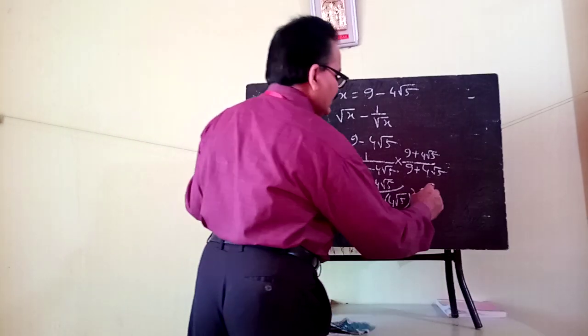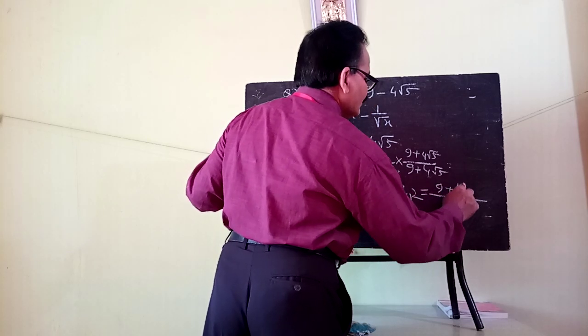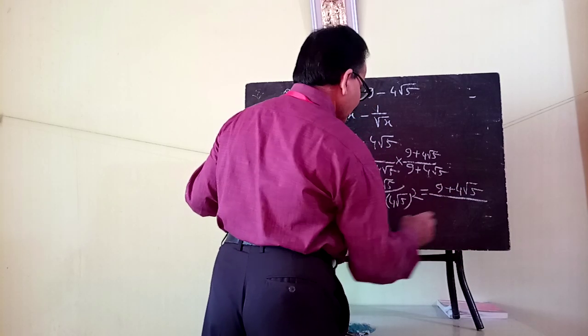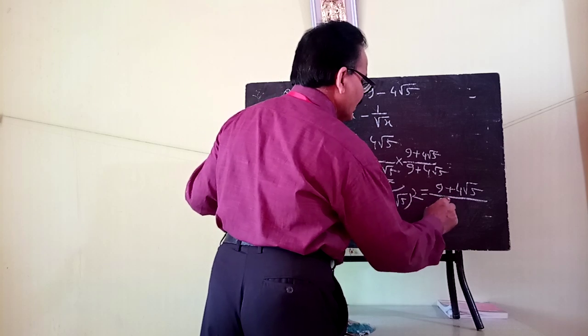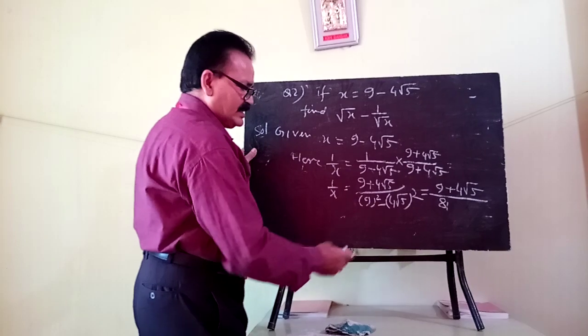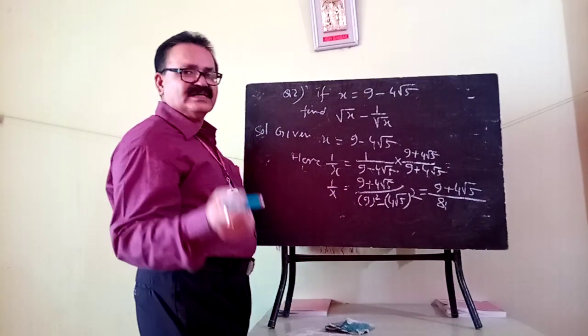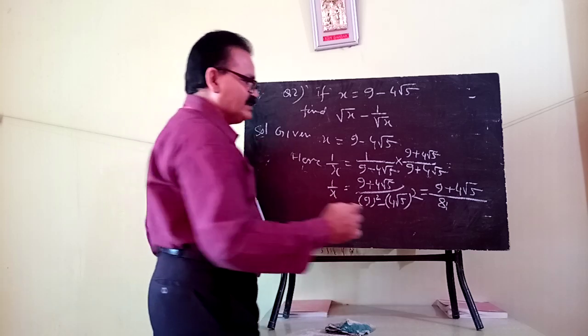Again, this can be written as 9 plus 4 root 5 divided by 81, because 9 square is 81, minus 4 root 5 whole square. 4 square is 16 and root 5 square is 5, and 16 into 5 is 80.